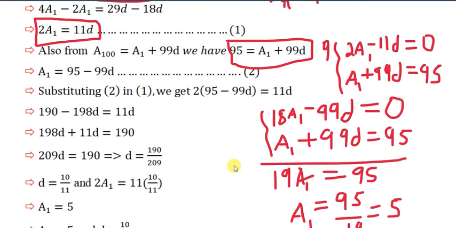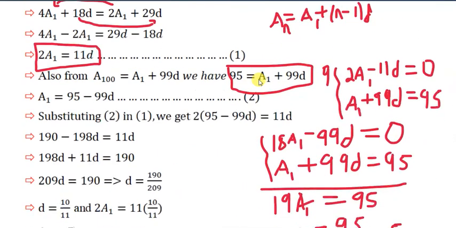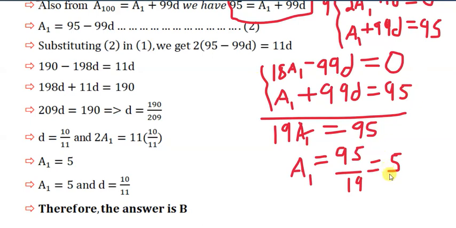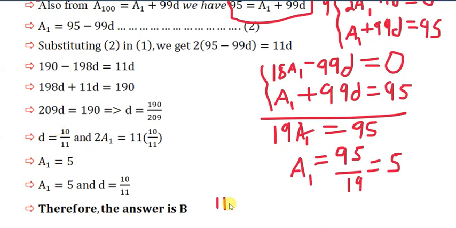Therefore the first term, let us not forget our question, what are the values of the first term and the common difference? Our first term is 5. What is our d then? From the first equation, replace a1 by 5, because we already obtained a1. Therefore 11d is equal to 2a1.